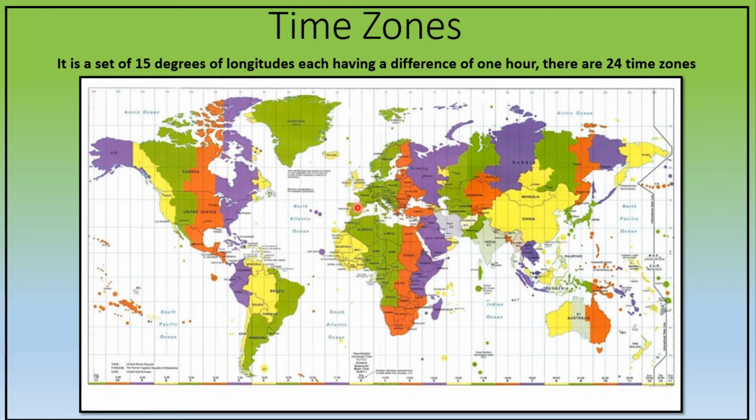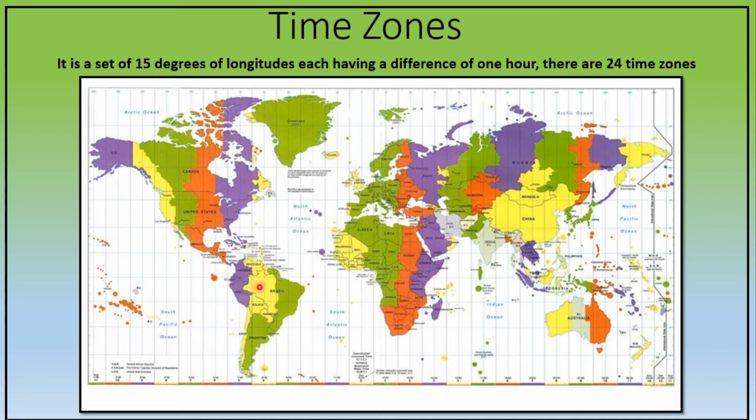However, we must remember that because the earth is a spherical body, all the countries in the east will have a time earlier than those of the countries in the west. For the convenience of time, the entire world has been divided into 24 time zones, because we have 24 hours a day.